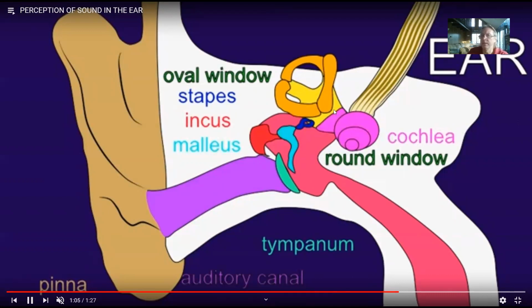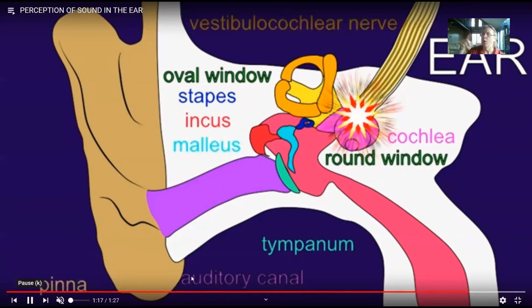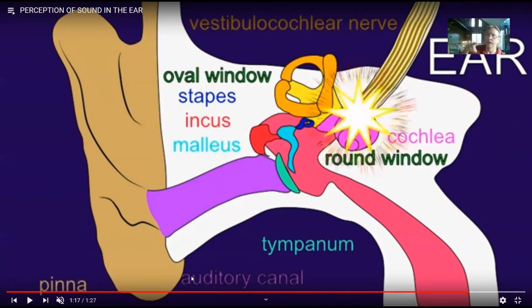This region here is where sound is perceived. It's known as the cochlea. It looks like a snail because there is a straight tube which has been coiled almost 3 times, so more than 2 times, almost 3 times, to form this coiled structure, which I will uncoil in some of these videos just to get a better view of it.